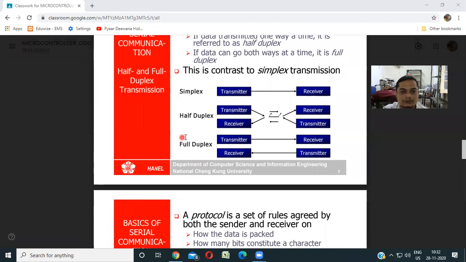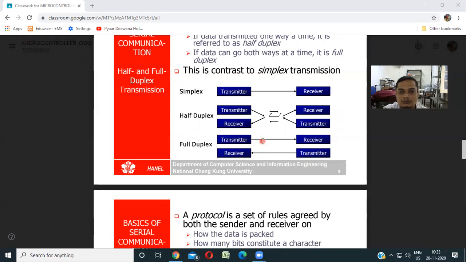Then coming to full duplex, here you can see a transmitter and receiver, and here we have another transmitter and receiver. The data is transferred in both directions simultaneously, without any break or discontinuity. The data is transferred from one transmitter to the receiver and, at the same time, from the other transmitter to its receiver.